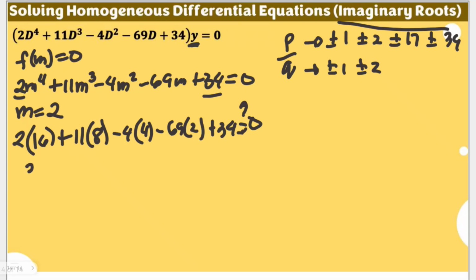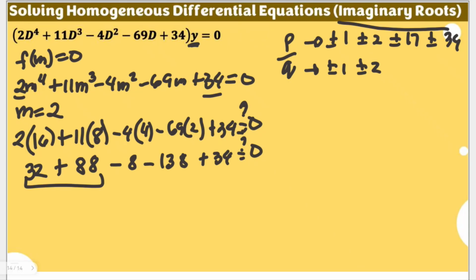This is 32 plus 88 minus 8 minus, correct me if I'm wrong, 138 plus 34. Is it equal to 0? This is actually 120. Sorry, my bad. This is where I get it wrong. 120 plus 34 is 154, minus 154. And yes, 2 is a root of this given auxiliary equation.